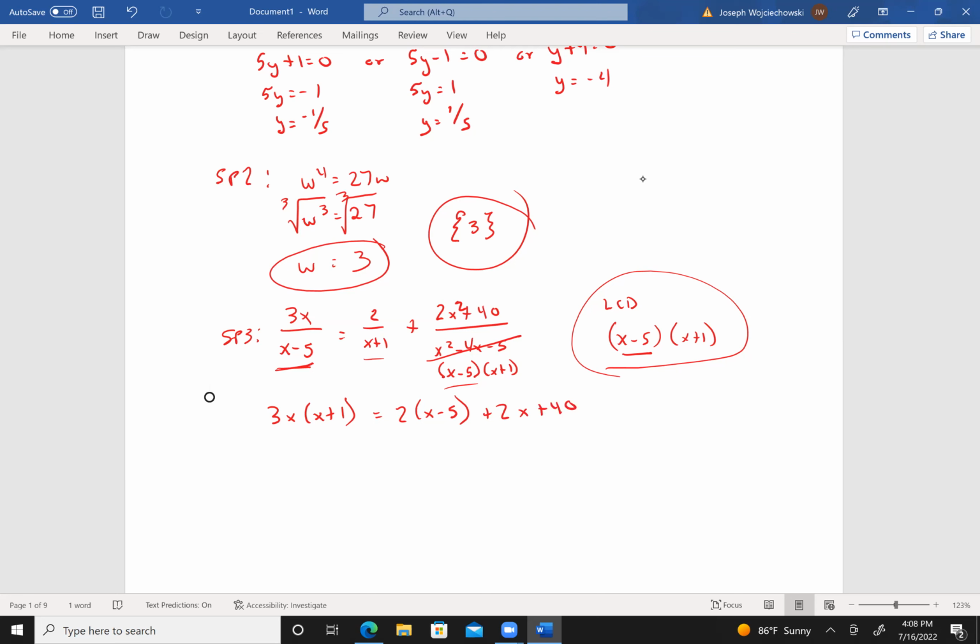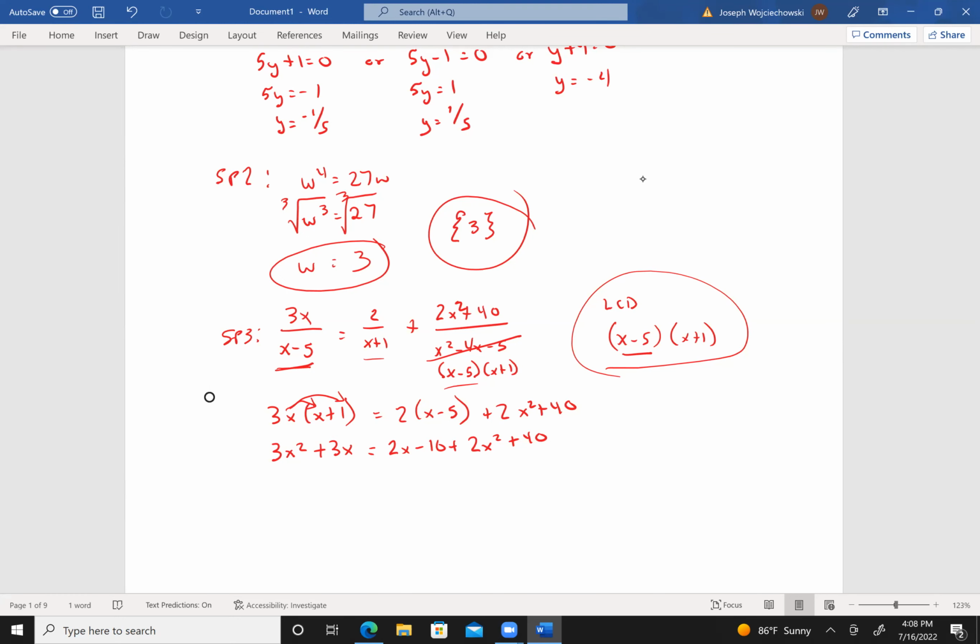So now let's do our distribution here. 3x times x is 3x squared. 3x times 1 is plus 3x. We have 2 times x, which is 2x, minus 2 times 5, which is 10, plus 2x squared plus 40.